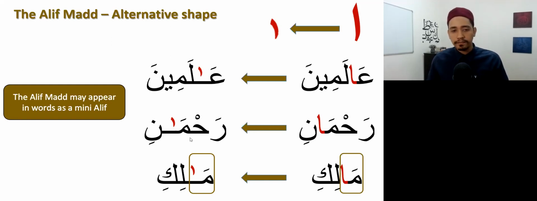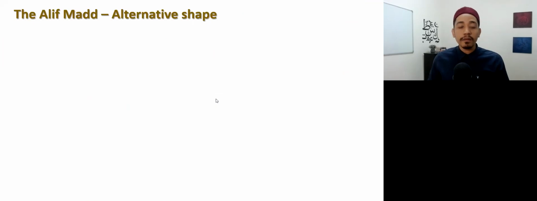Okay, that's the mad. Now, let me speak about something I've gotten a few questions about. I think this is what confused people the most: this baby alif. I don't know if you remember, we spoke about the Hamza before. We said the Hamza is a very sneaky letter.